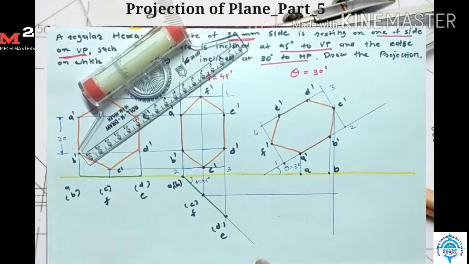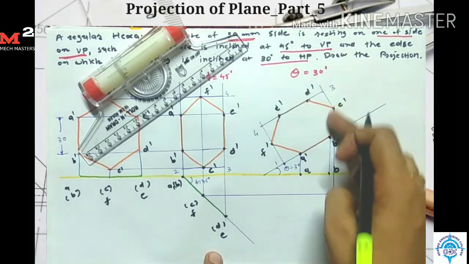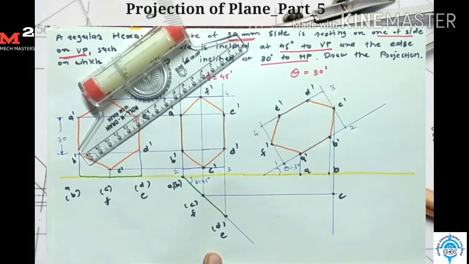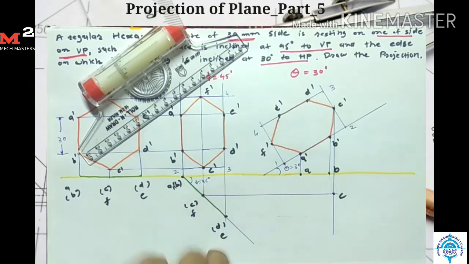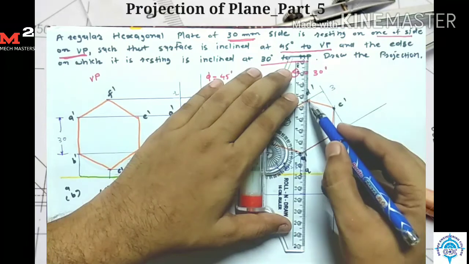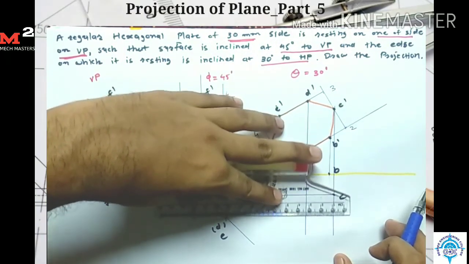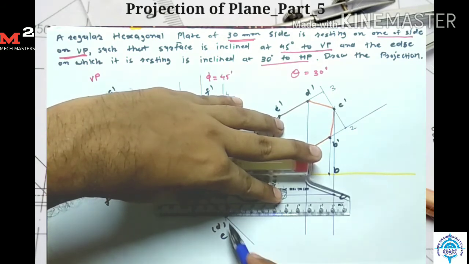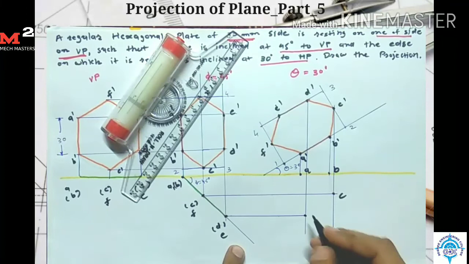So here I get my point C, C dash and C point. Now for point D, I take the projection from here and from here. So I get my point D here.